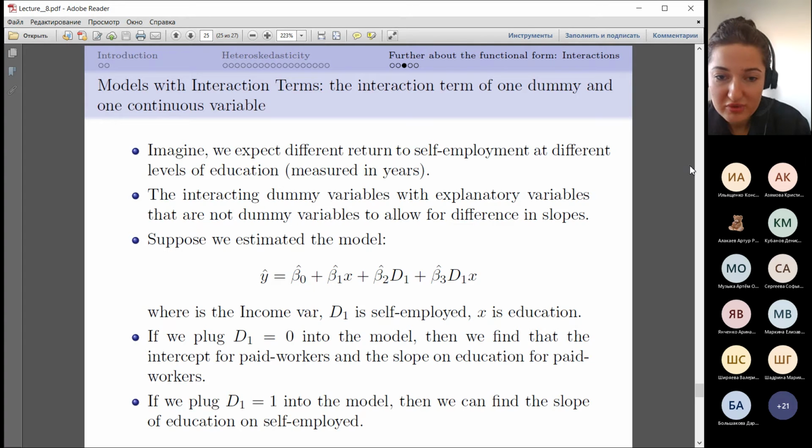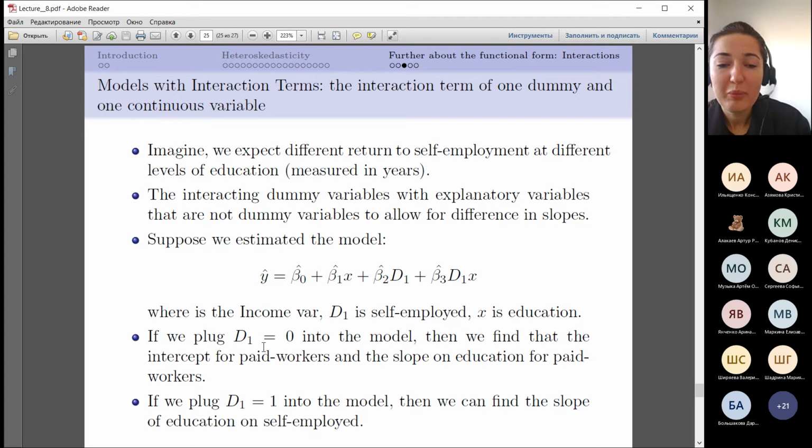There will be a difference between these two groups. And if we want to check this hypothesis, we need to add the cross product here, and the beta 3 coefficient will describe if this difference really exists, if there really exists, let's say, this premium of education that is different for different working status.